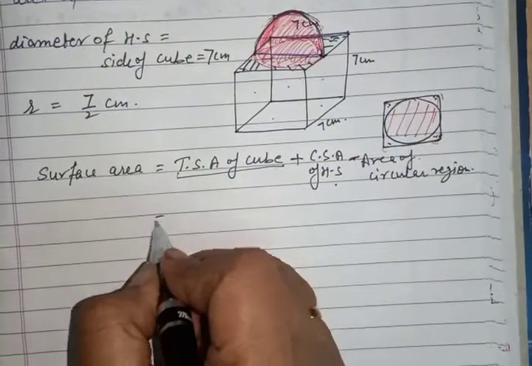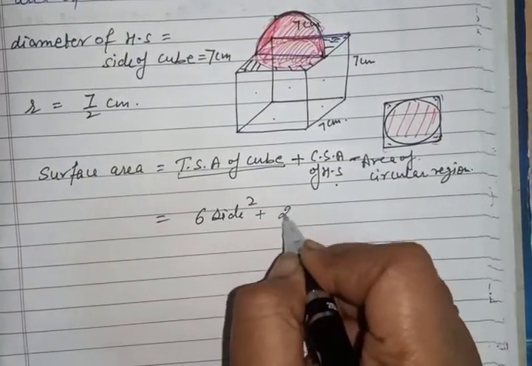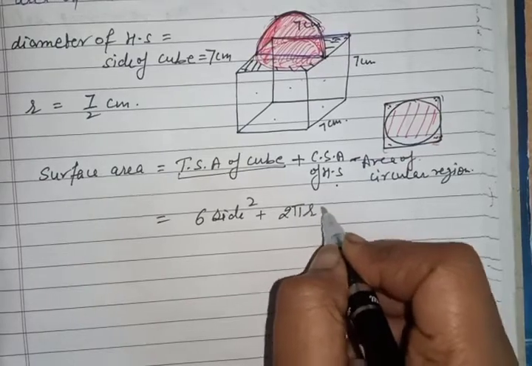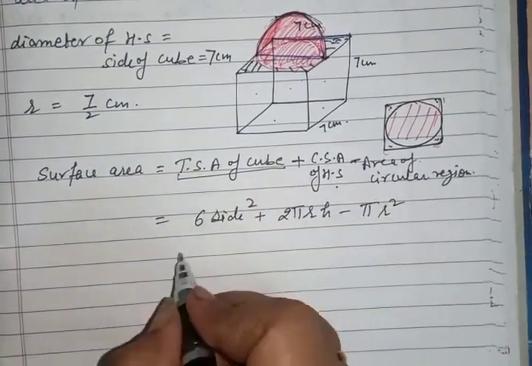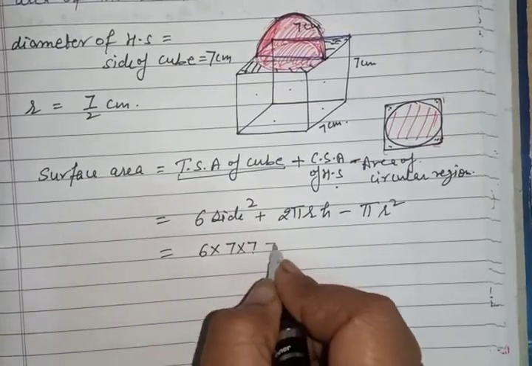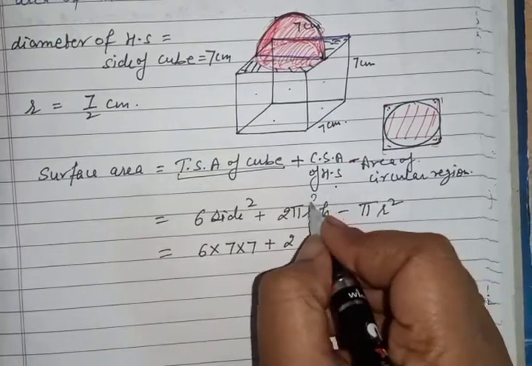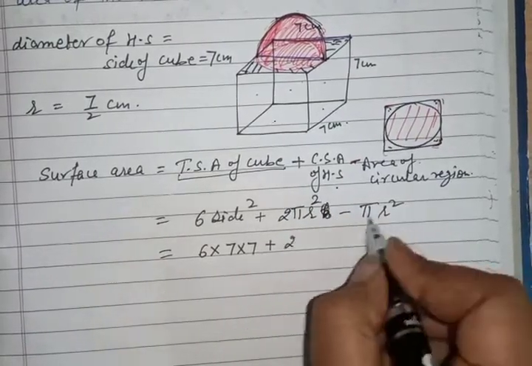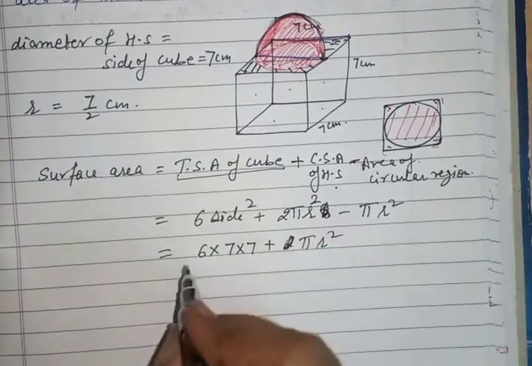Now write down the formula. It is 6 side square plus 2 pi r square minus pi r square. Putting all the values, side is 7, curved surface area of hemisphere is 2 pi r square, minus pi r square is only pi r square.